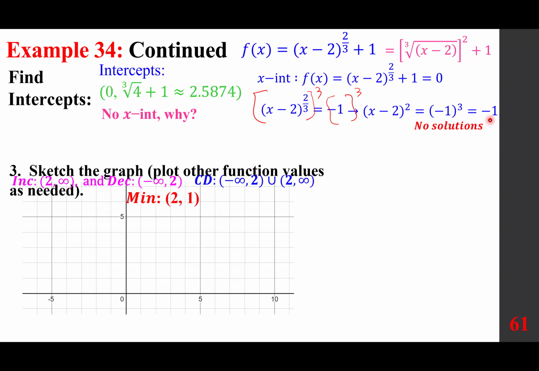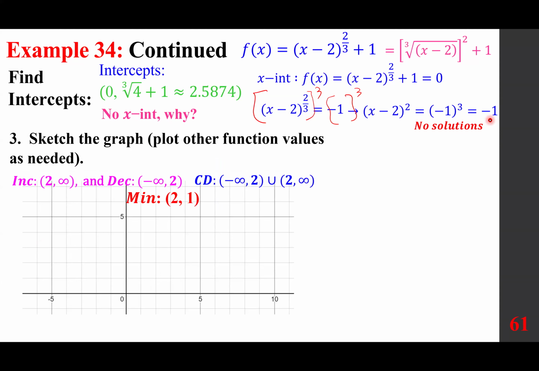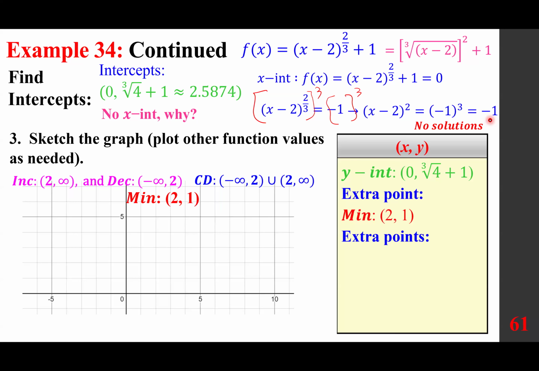And of course, you're going to graph it. To graph it, we can use other points. So first, let me give you the summary of the points we have. We have the y-intercept. We have the minimum, but we really need a couple of easy points, and I'm going to show you how to find those easy points.